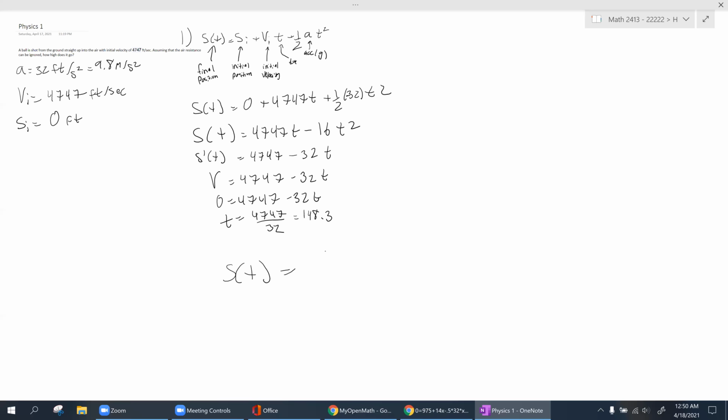So this here ends up giving me, where's that function, 47t minus 16t squared.